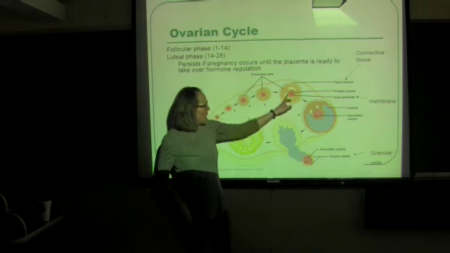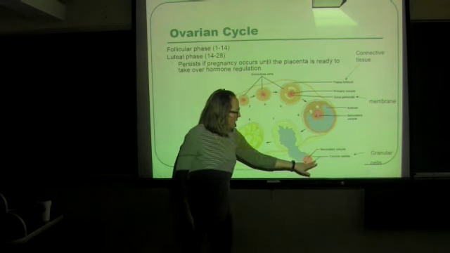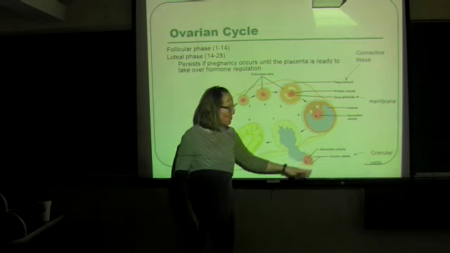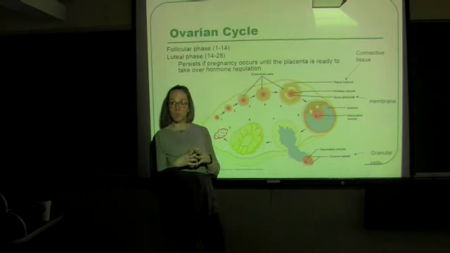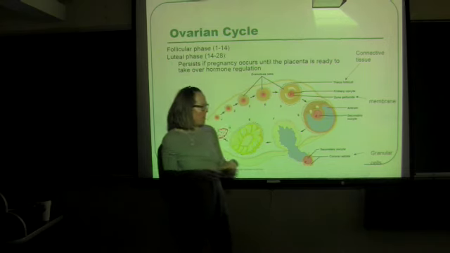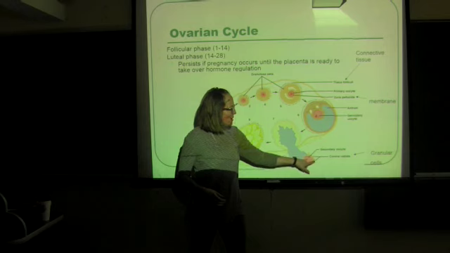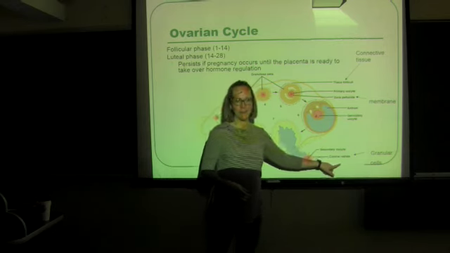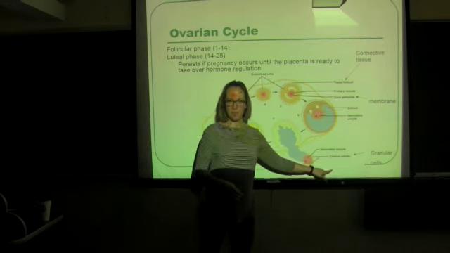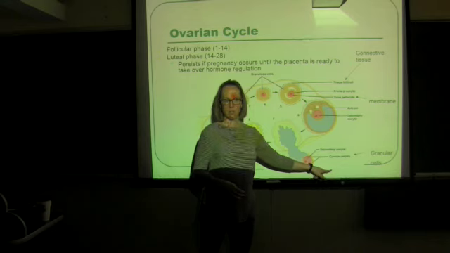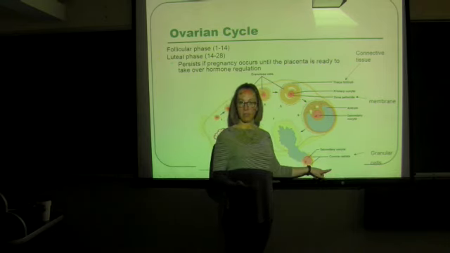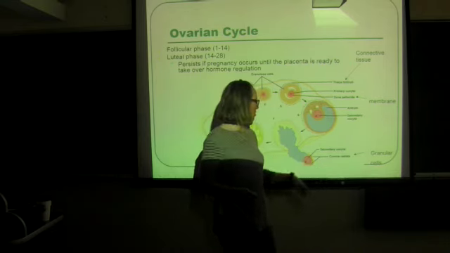And when this egg is ovulated, it still has some of those granular cells attached to it. And these granular cells are called corona radiata. Can you read that, or do you want me to spell it for you? Corona, like the beer, right? Not that you drink.